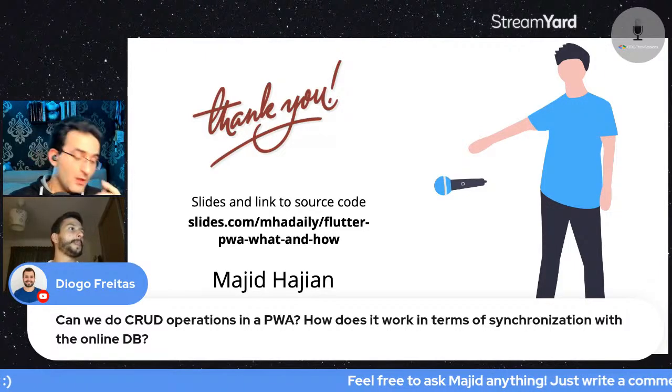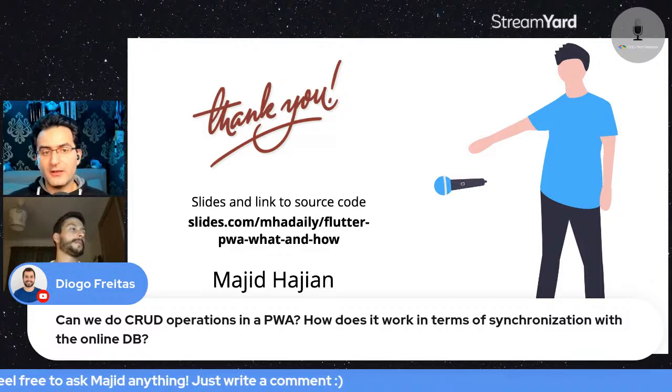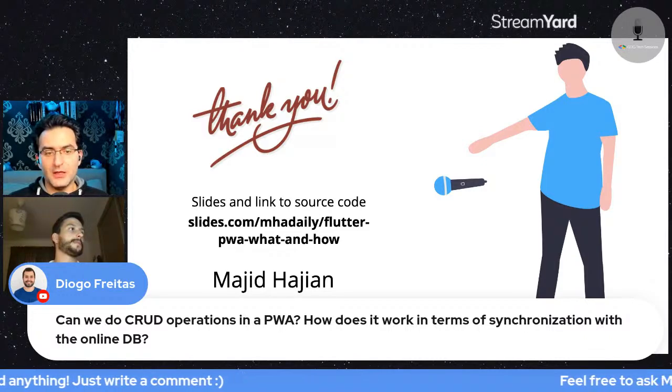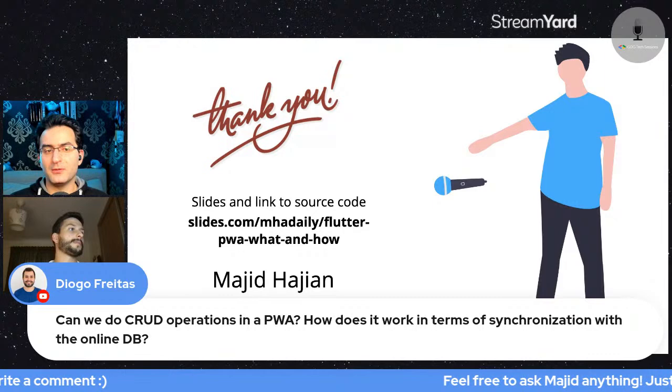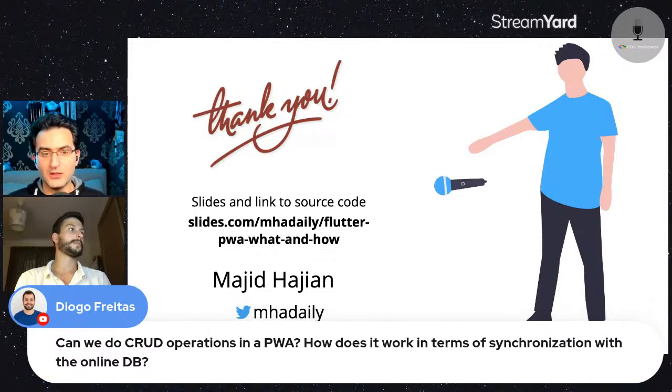Yes. Very good question. First of all, you can actually capture different HTTP methods in a service worker, right? You can say if it's a POST, for example, or if it's going to this URL, then do something else.